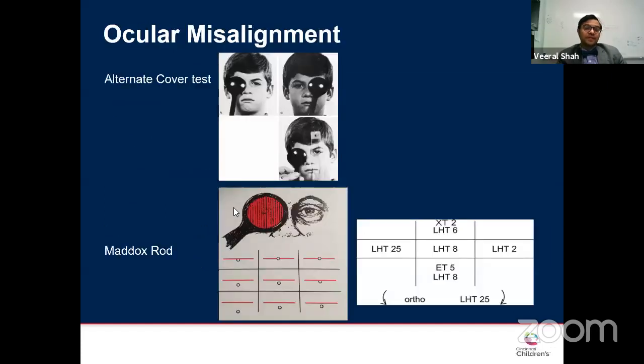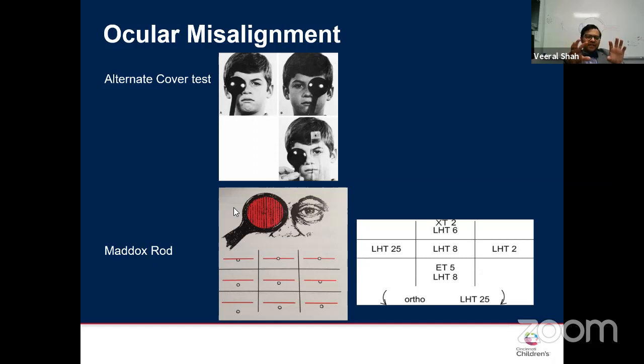So ocular misalignment. This is really important. As a neurologist, if you have a muscle light right in front of them, you're having them look at the light, and you're looking at the corneal reflex. An eye that is fusing and looking right at the light will have the reflex right in the center of the pupil.